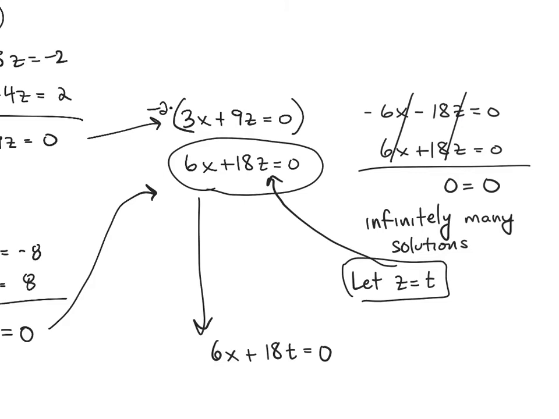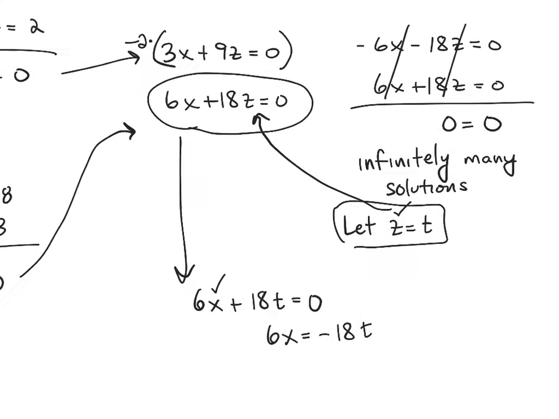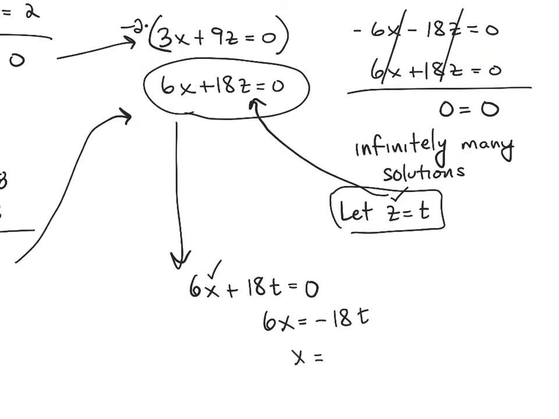And we're solving for x. We've already solved for z here. I let z equal t, so we need to solve for x. So what we need to do is subtract the 18t over, and then divide by 6, and we get x is equal to -3t.